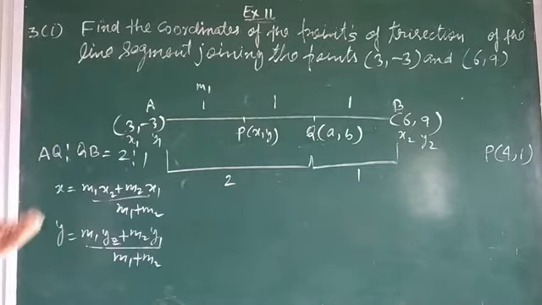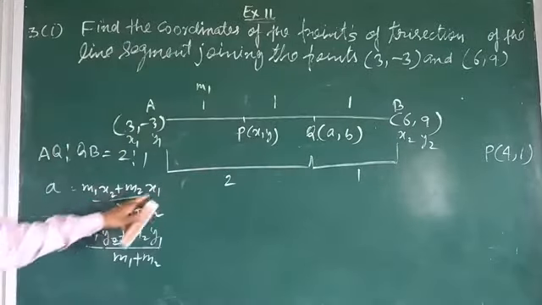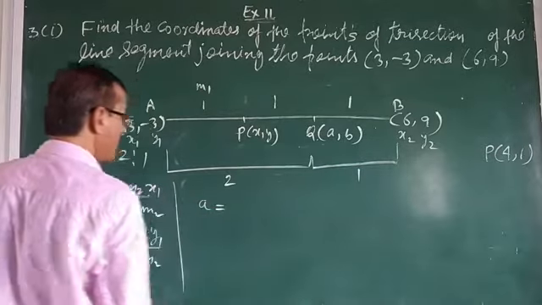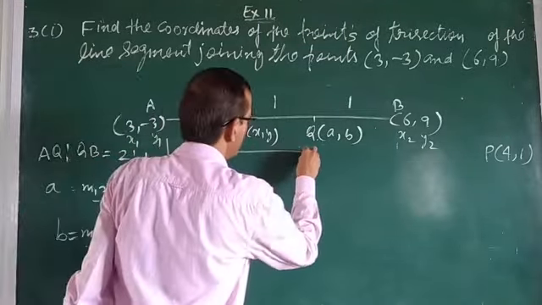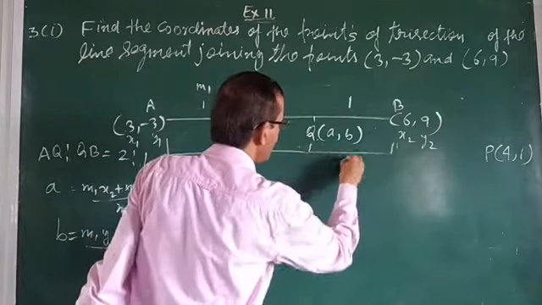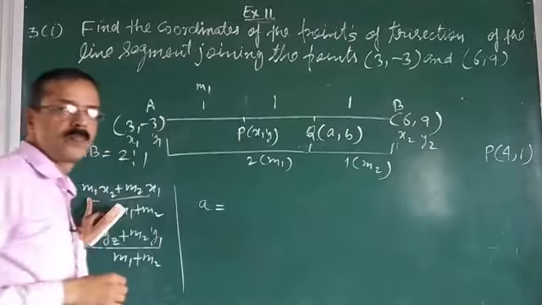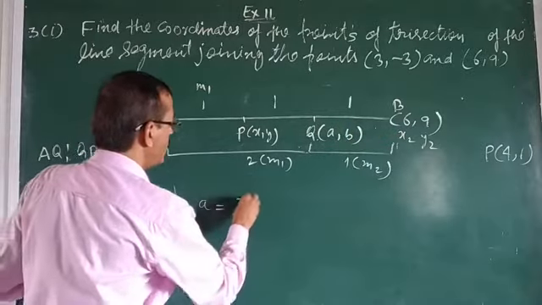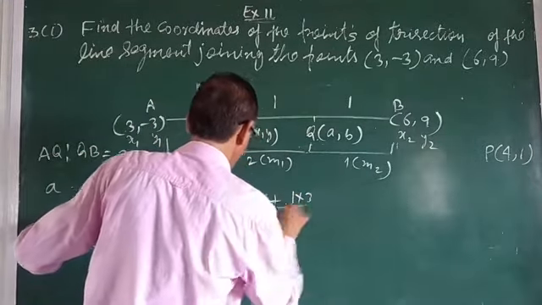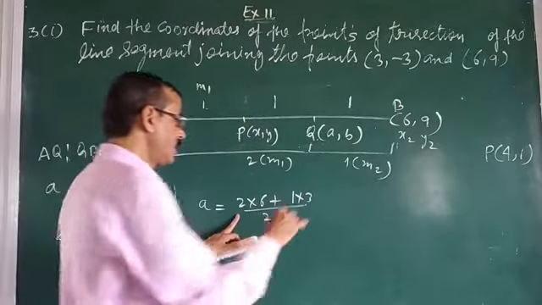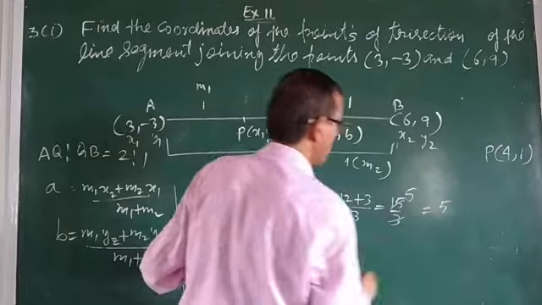Now we are going to find the value of a for Q: a = (m1 x2 + m2 x1) / (m1 + m2). Up to here is 2 and then up to here is 1, so this is m1 and that is m2. m1 x2 is 2 into 6, plus m2 x1 is 1 into 3, whole upon 2 plus 1. 12 plus 3 is 15, upon 3, that is equal to 5. a came 5.